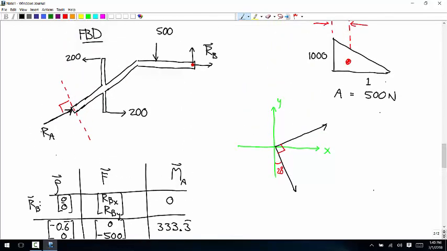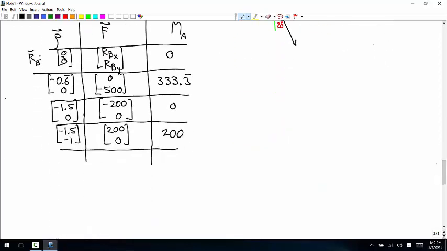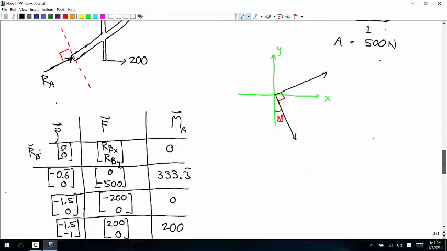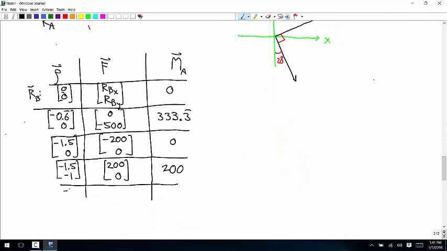And then the last force is this force RA. So to get there, you go negative 2 and then negative 1. The force vector is cosine and sine of 20 degrees times RA.